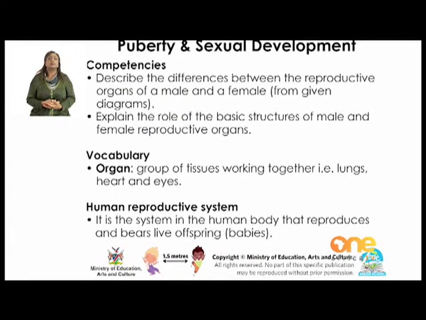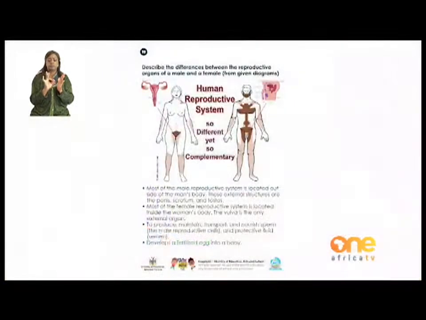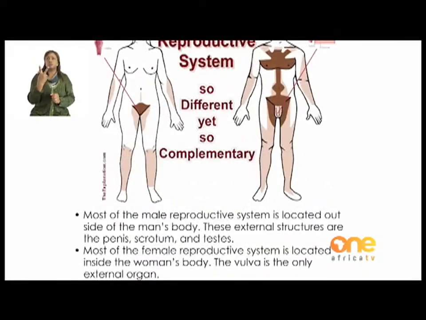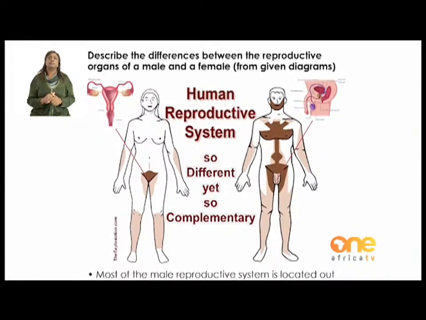Let us now turn over to page 18. You should be able to describe the differences between the reproductive organs of a male and a female from given diagrams. So here on page 18, we have two diagrams, one on the left and one on the right, of a male and female.